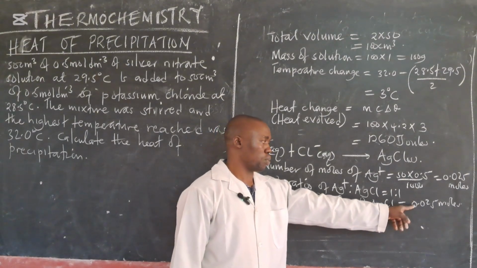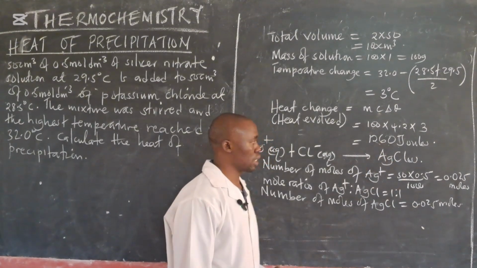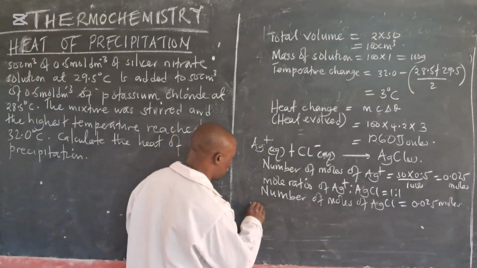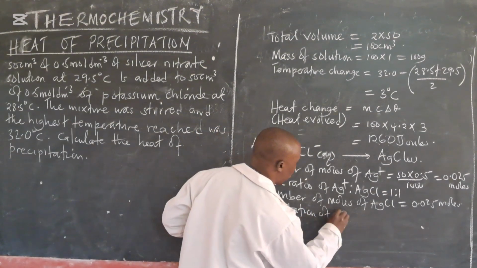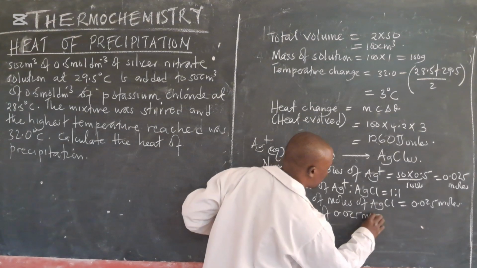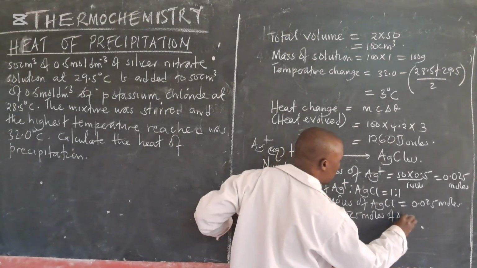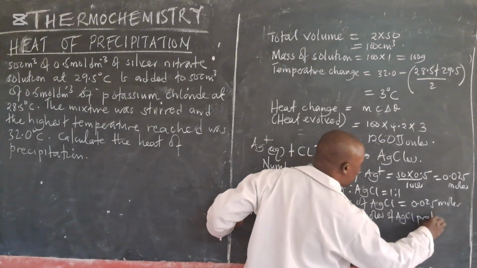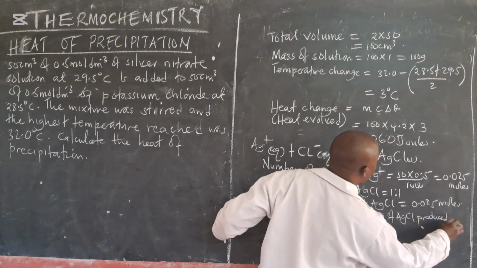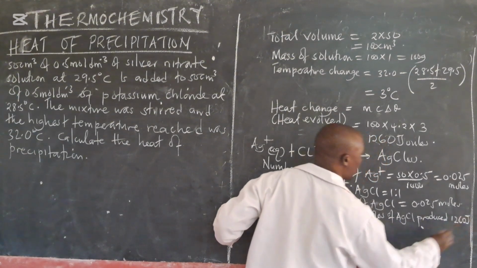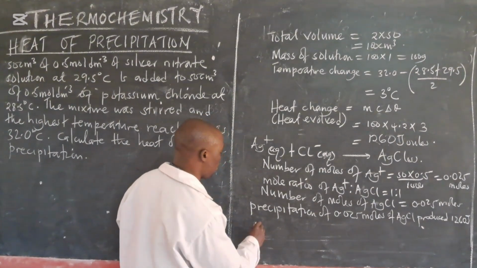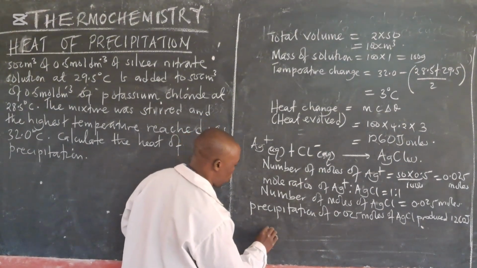So precipitation of 0.025 moles of silver chloride produces 1260 joules of heat. What of 1 mole?